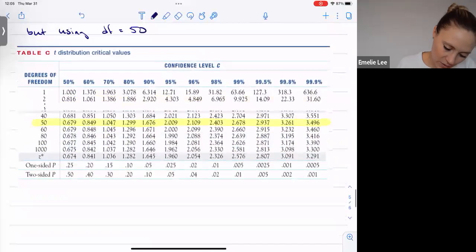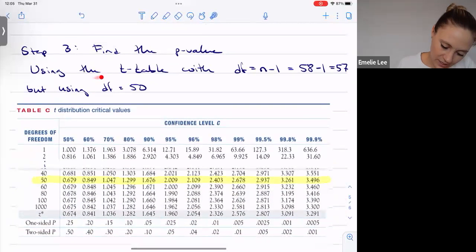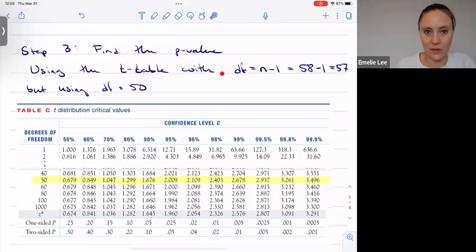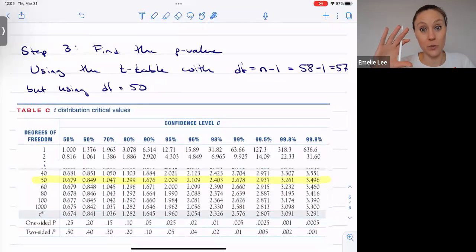Okay. And so what we're going to say here, using the t table with 57 degrees of freedom, but using 50, and then I've got the table here so we can reference it.